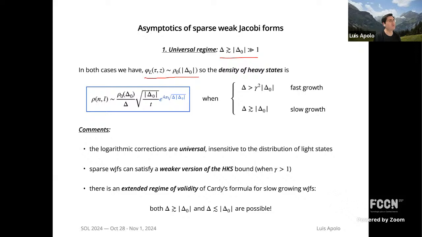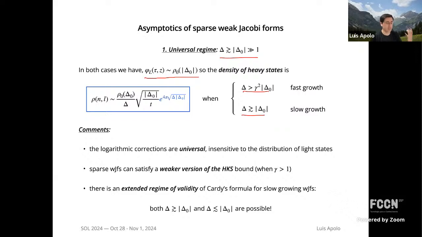So they are not relevant for the question we're trying to answer, which are the log corrections when these parameters are large. What does change, depending on whether you have a fast or slow growing form, is the regime where the formula here is valid. So this is, again, a universal formula, the same one we found in the Cardy regime. When you have a fast growing form, this formula is valid in this regime. When you have a slow growing form, the result is valid instead in this regime.